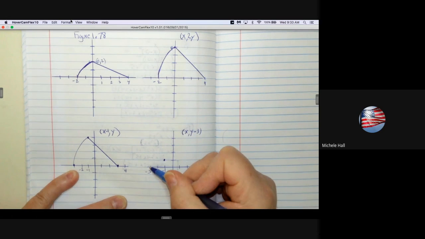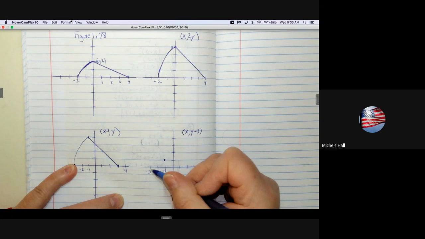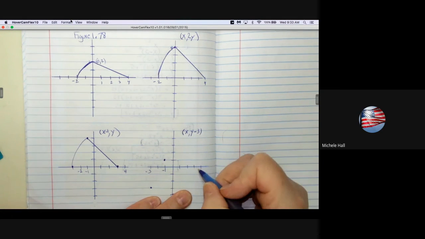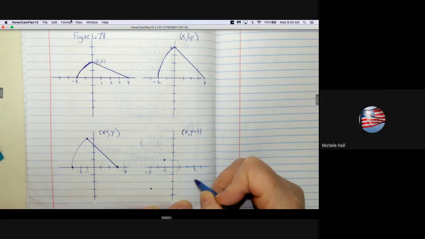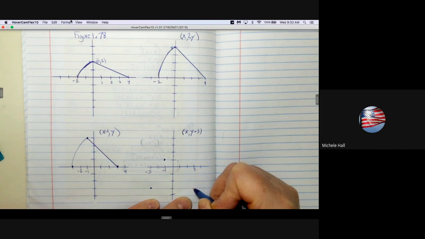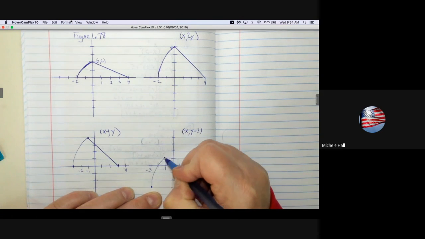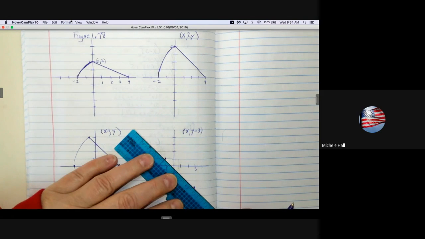We were at -3 and going down 3 units. 1, 2, 3. And here we were at 3, we're going down 3 units. So this is the curve. And then this is the straight line.